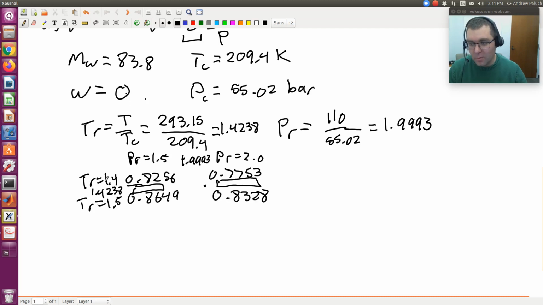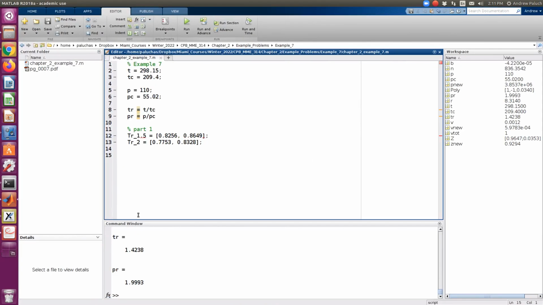So temperature will be my independent variable and pressure will be my dependent variable. Okay, so I'm going to call this PR. And so let's do PR, 1.5. So it's going to be interp 1.